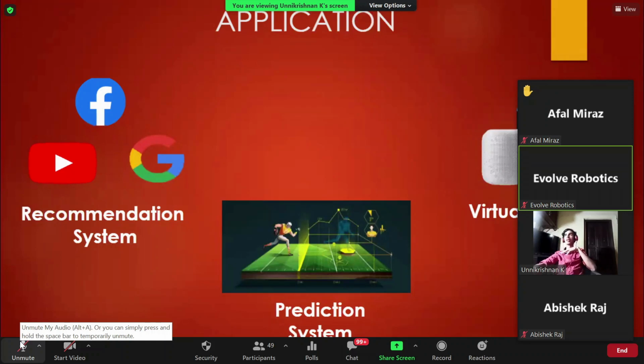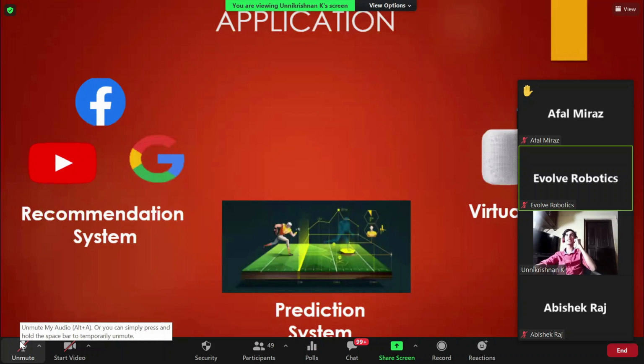So look at the previous matches that this team had played, and see how many of the matches the team won, and how many the team lost. Like that, they keep a record, and by analyzing this data, they make predictions like whether the team will win in the next match or not. So these are the three important applications.